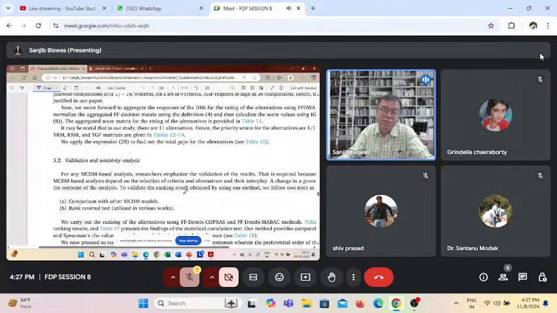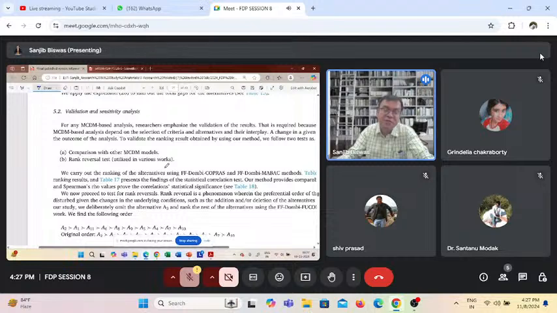Now, after the MCDM problem we rank, it is important to have a validation and sensitivity analysis. For validation, we do two tests. One is the rank reversal test. What is rank reversal? You know, in an MCDM problem, we have a finite number of alternatives and a finite number of criteria. Now, in some situations, some alternative may be excluded or included.